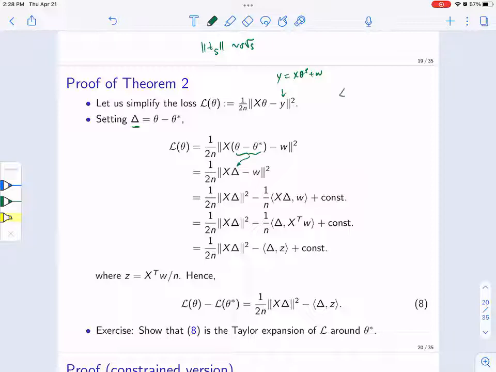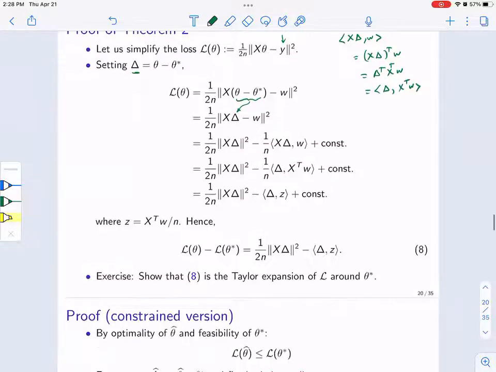But if you don't want to be fancy, this is like x delta transpose w, which is delta transpose x transpose w. Okay. So now we have our z here. This part combined with this would give me z. So I have delta transpose z, and then I have this part. So you can see where that RE condition comes in.